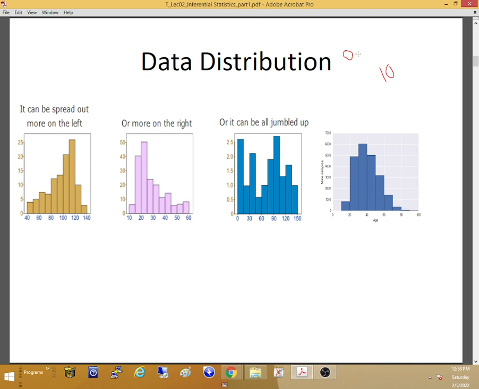Sometimes you can find that your data distribution looks like this one, where you cannot say that the data is left aligned or right aligned, so it is just a Gumbel-type shape. And sometimes your data distribution looks like this, nearly centered.